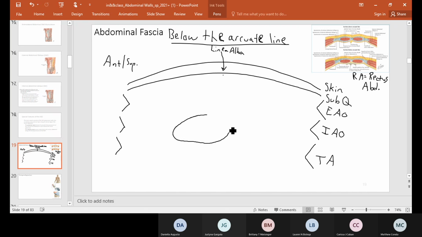And we're still going to have our rectus abdominis. Not potatoes this time because someone didn't like my reference. Okay. Pet rocks. We're going to go with pet rocks.